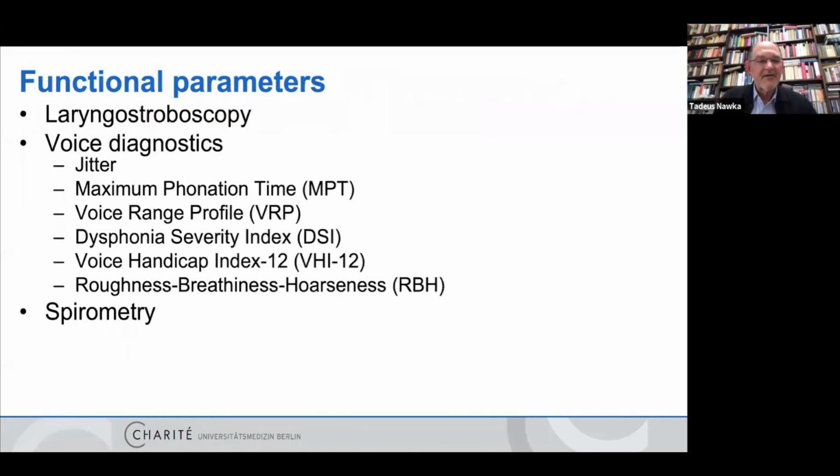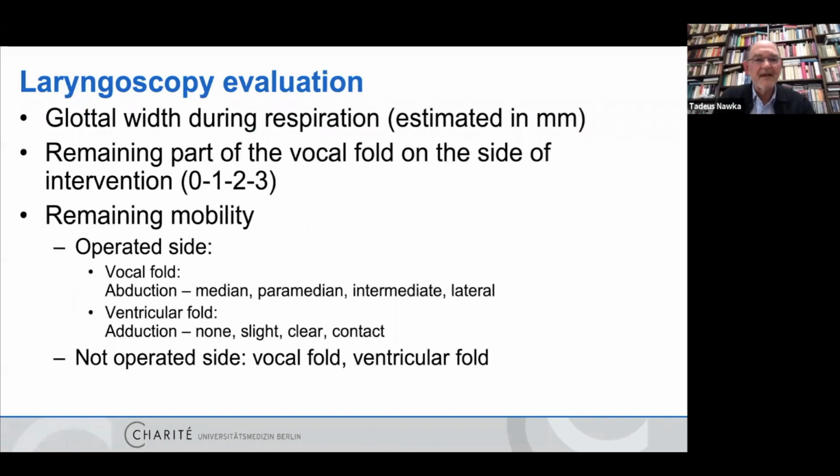So the functional parameters that we evaluated were laryngostroboscopy and voice diagnostic, as you can see here, what we usually do in every voice patient and other patients who get an intervention at the larynx, and spirometry, which is an evaluation of the respiratory function.